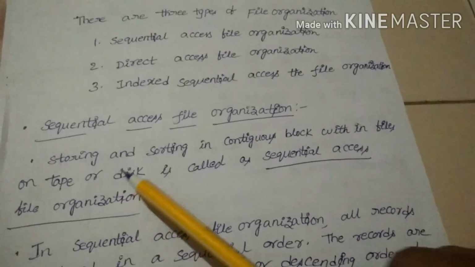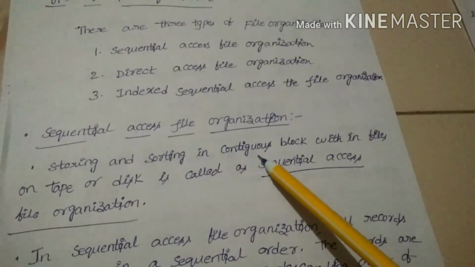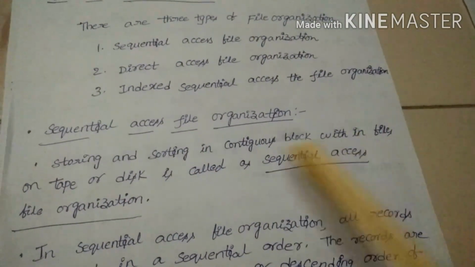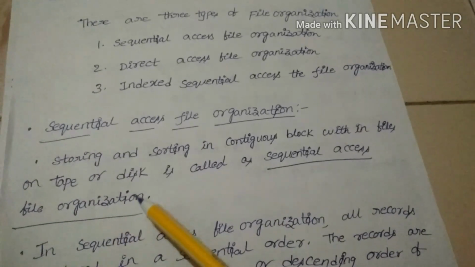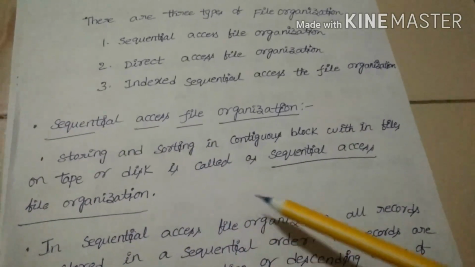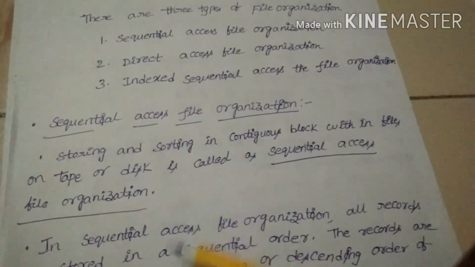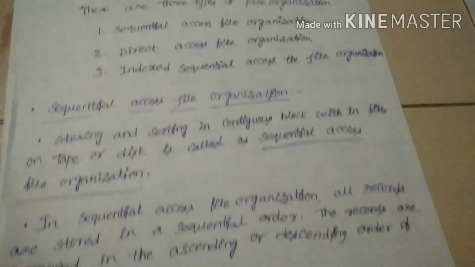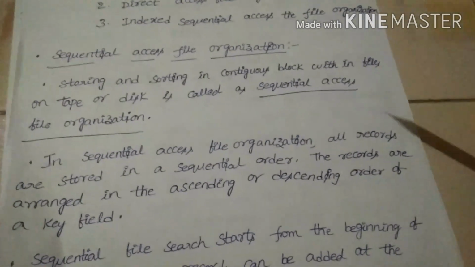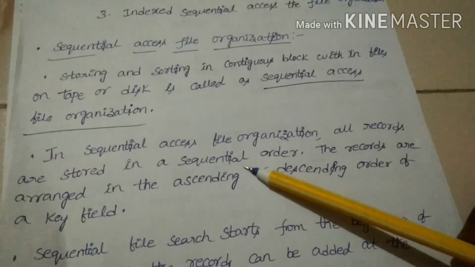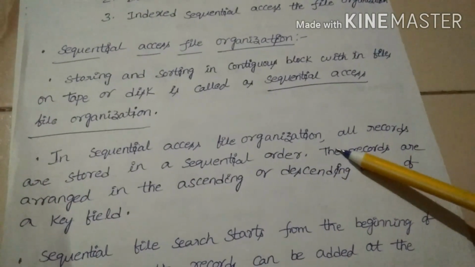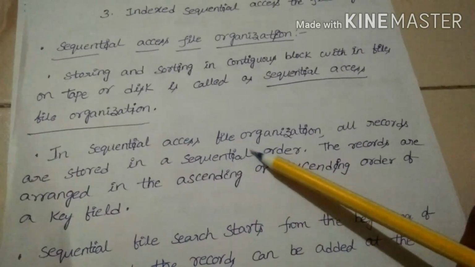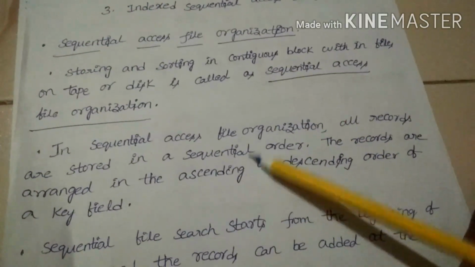Here, storing and sorting in contiguous blocks within files or on tape or disk is called sequential access file organization. In this sequential access file organization, all records are stored in a sequential order. These records are arranged in ascending or descending order of a key field.